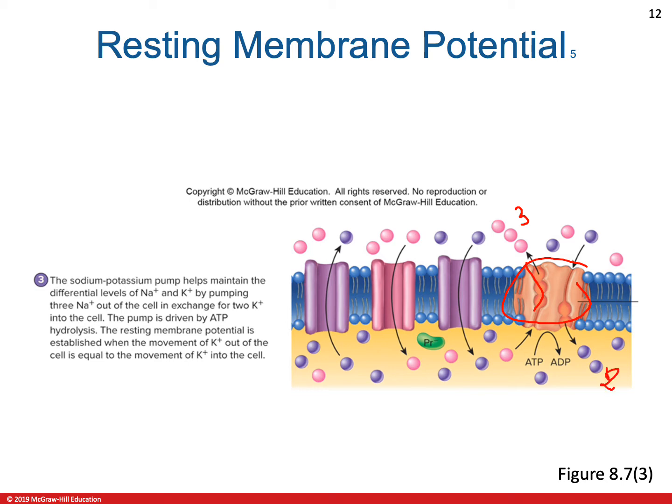Okay, so you have 2. So you need 3 and 2. That also makes the membrane be in a resting state, right? So outside will become more positive and inside is again more negative with the help of your sodium-potassium pump.